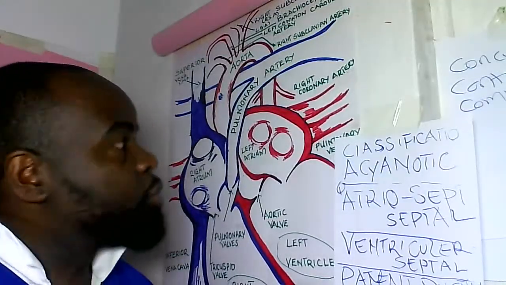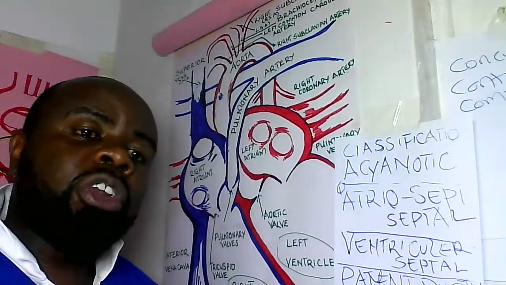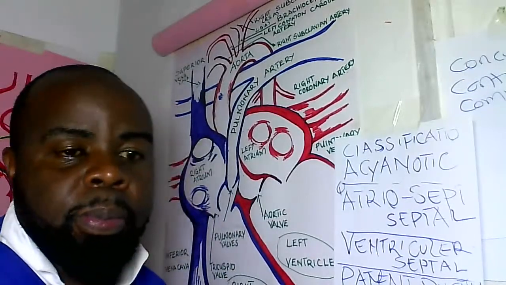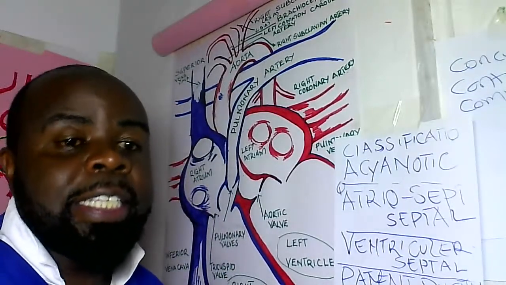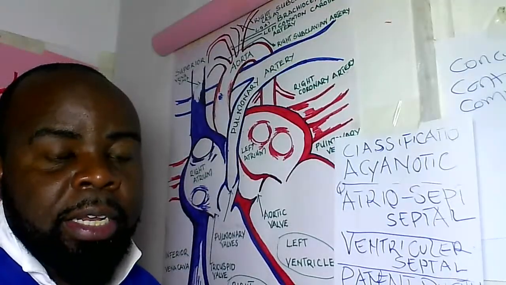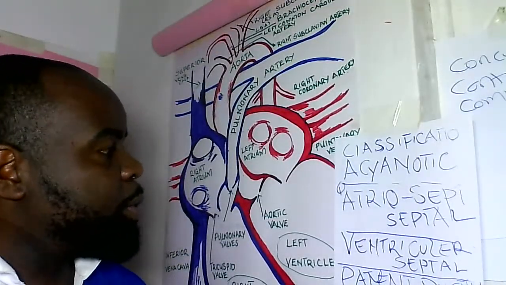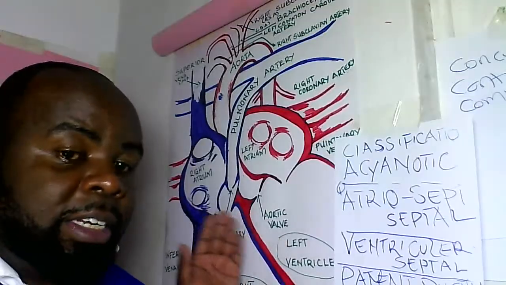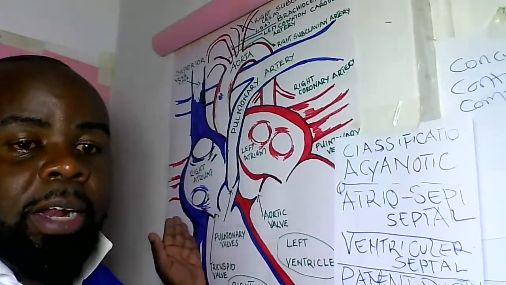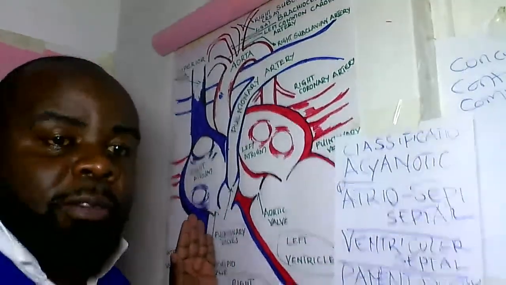Blood that is going to the system is not getting enough of the oxygen that is needed. You see that? It is very important to note that, because it's mixing with the deoxygenated blood, which does not have oxygen.